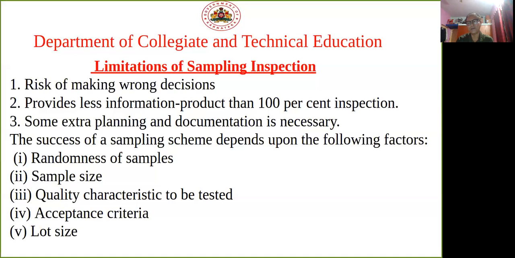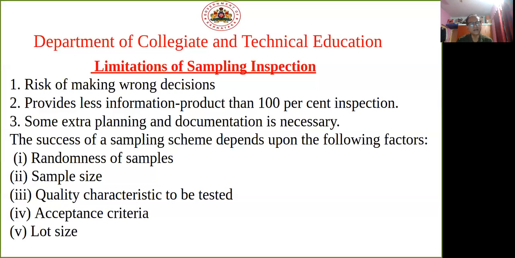The inspector is going to inspect each and every point of the product, and test the product for each and every aspect. That's why in acceptance sampling, we are not going to get the information about the product properly. That is one of the limitations or disadvantages of acceptance sampling inspection.